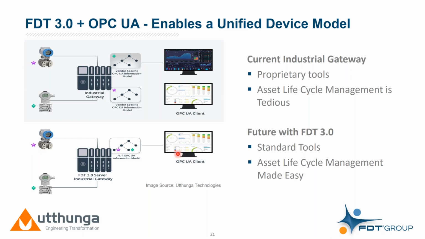So any device that you connect to this industrial gateway, we will be able to fetch that information with an FDT-aware OPC UA client in a more harmonized way. It will be independent of the supplier and the communication channel, making asset lifecycle management much easier. In this way, FDT 3.0 and OPC UA enable the unified device model.